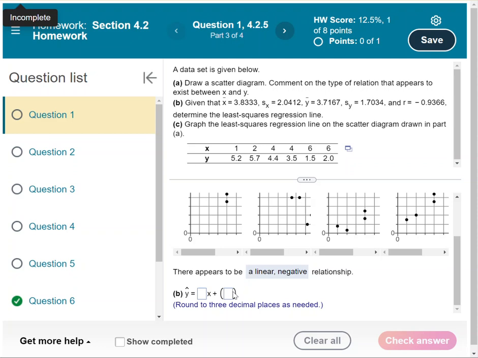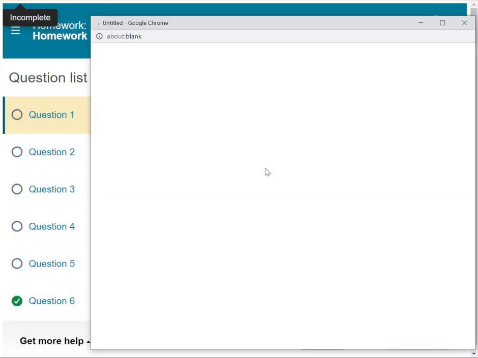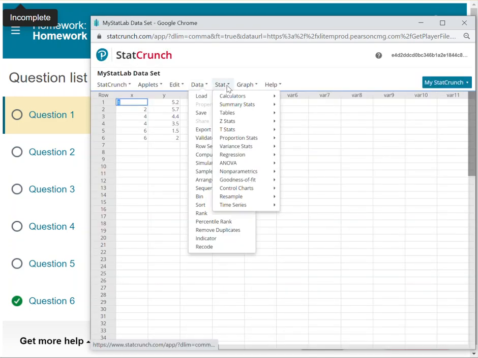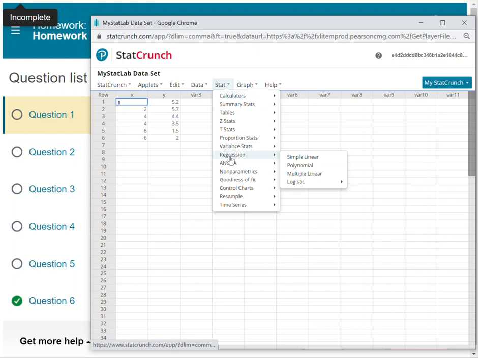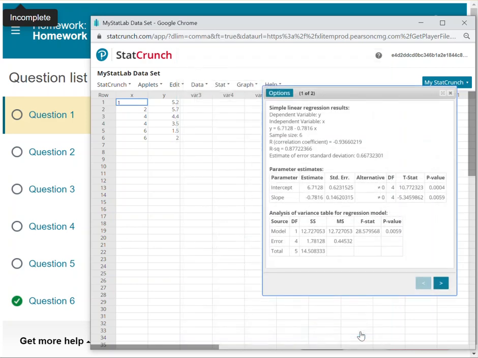So for part B, determine the least squares regression line. We're not going to do this by hand, so you can actually go ahead and go here, open in StatCrunch, and we're going to click Stat, Regression, Simple, and let's select our variables, and go ahead and click Compute.